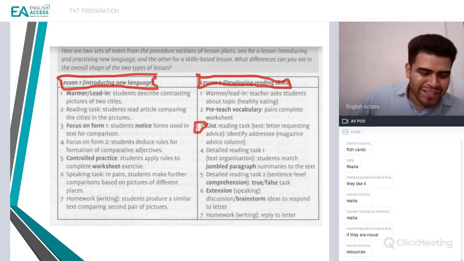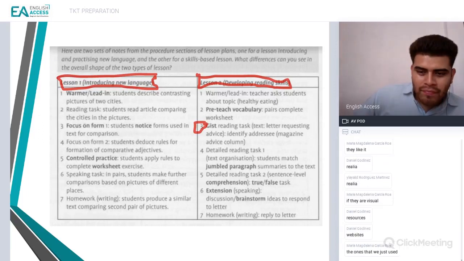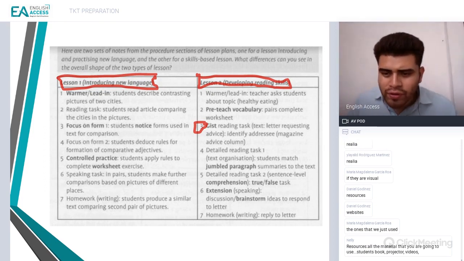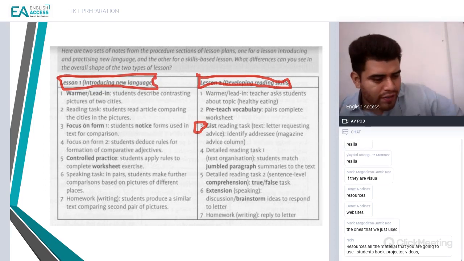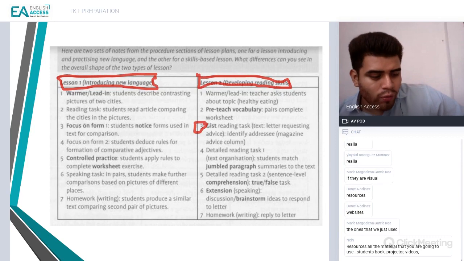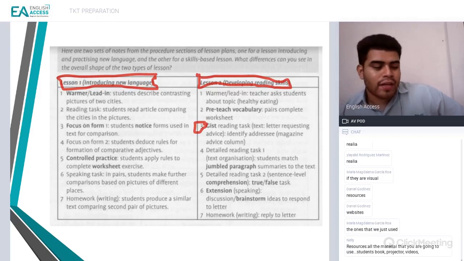The reference resources, grammar books. Yes, but what kind of resources? Websites. Yes, the ones that we just talked about. Yes, student book, projector, videos. Nice. Dictionaries. You can even use your colleagues, workbooks. Excellent. Supplementary material.